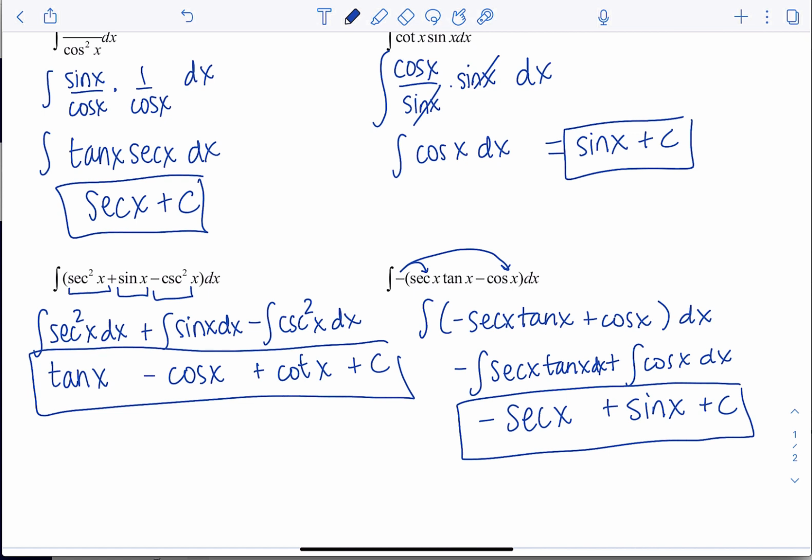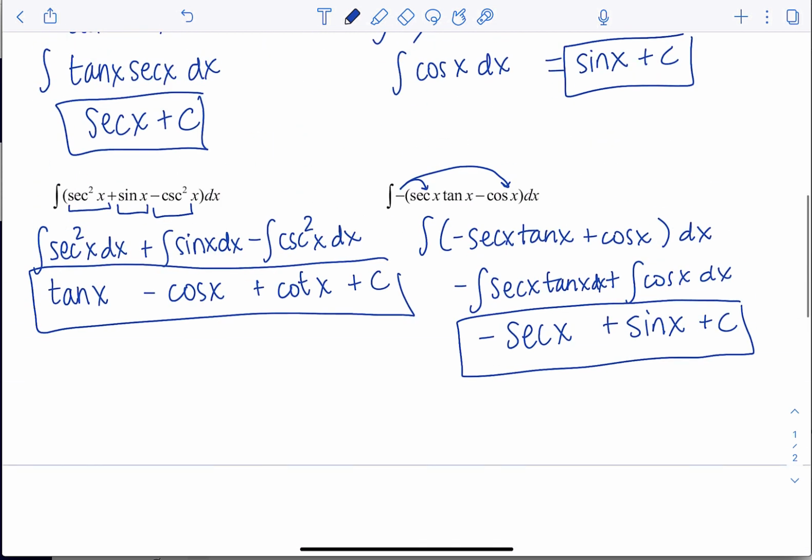For this particular test, you will have your formula sheet, so you won't have to have these all memorized, but you will have to be comfortable using them. That's all we have for this intro to antiderivatives. We'll come back to this in a couple of sections, but for right now, we just kind of want to think about this antiderivative as finding the function who has the given derivative.